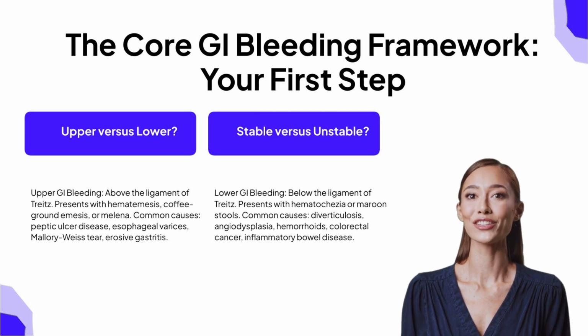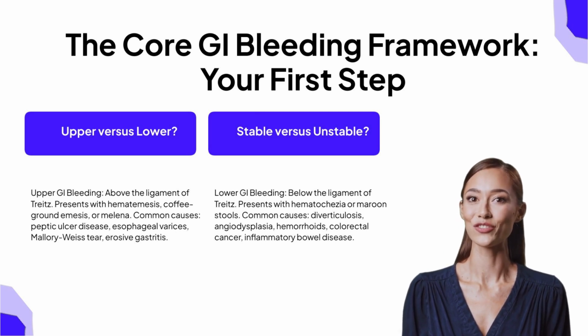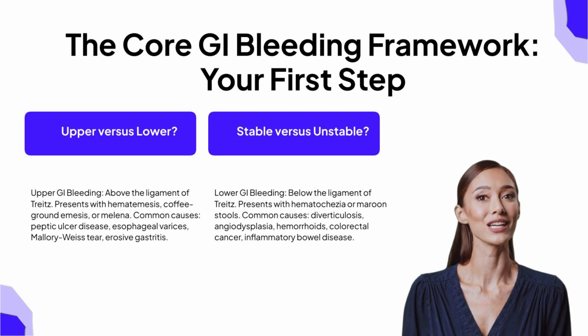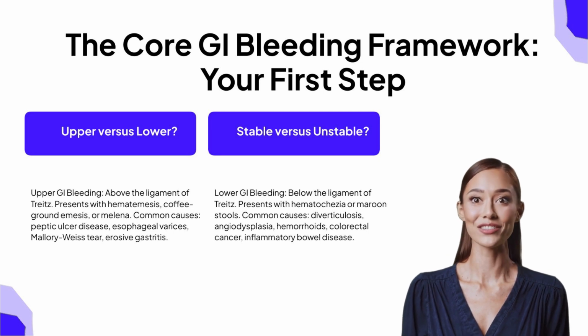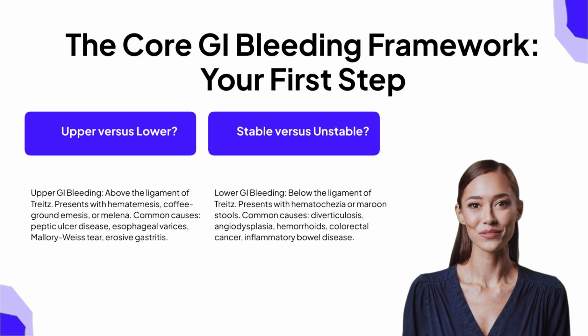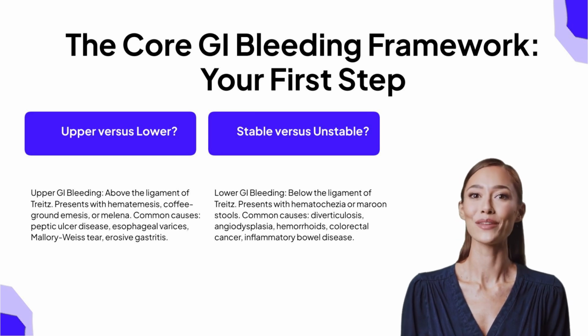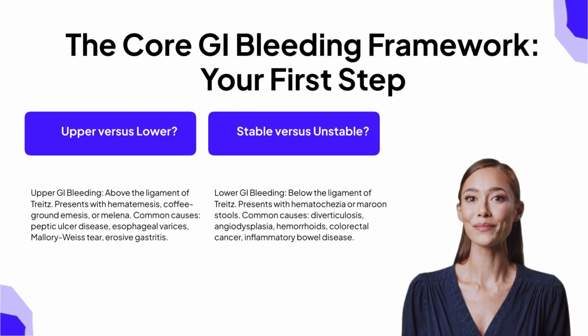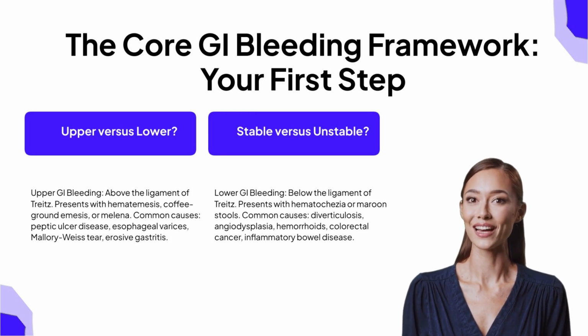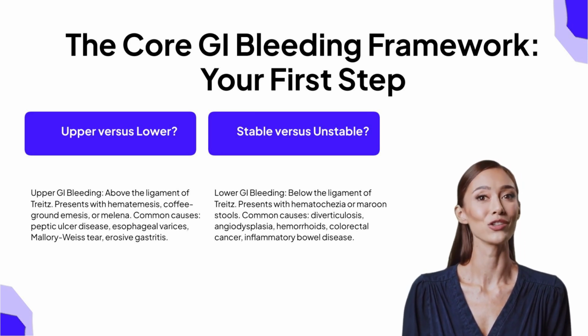Lower gastrointestinal bleeding originates below the ligament of Treitz and presents with hematochezia or maroon stools; think diverticulosis, angiodysplasia, and colorectal pathology. The second critical question is: is the patient stable or unstable? This determines your initial management approach. Memorize this framework and apply it to every gastrointestinal bleeding question you encounter.